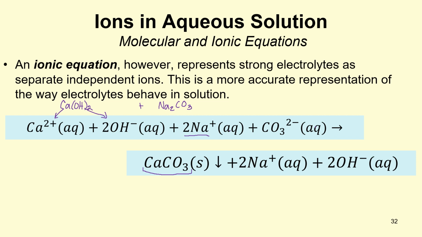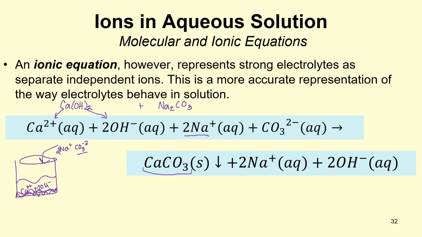So we still keep it together, because what's going to happen is if I pour the calcium hydroxide, and then I pour the sodium carbonate in, the carbonate and the calcium are so attracted to each other that they're going to glom onto each other. And again, they're going to form a precipitate down here at the bottom.